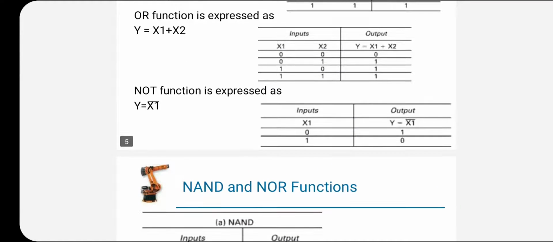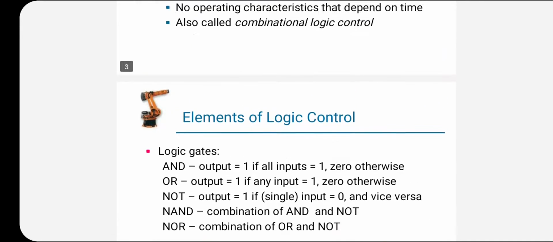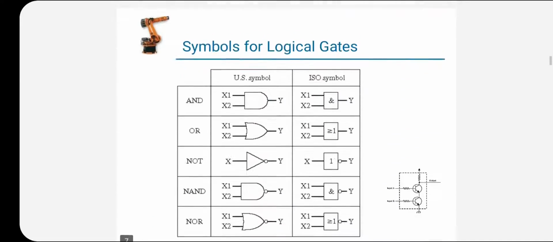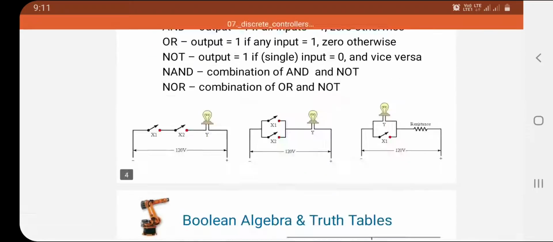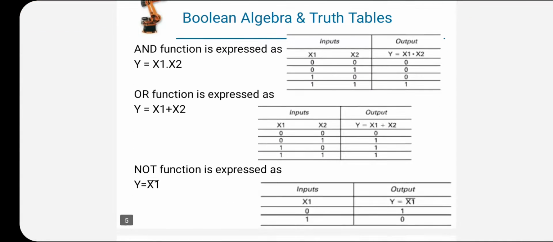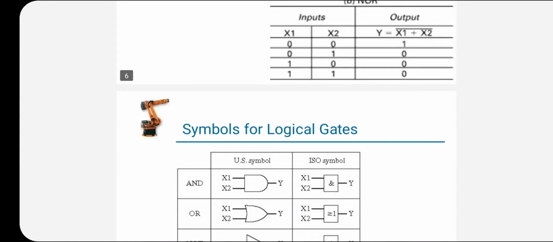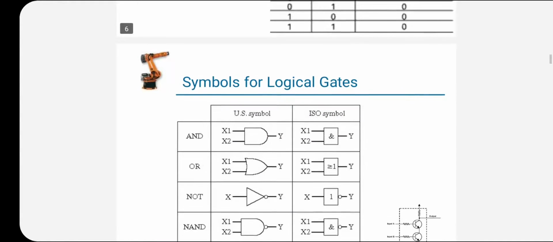So today we discussed the 5 functions: AND, OR, NOT, NAND, and NOR. Logic gate functions, considering ladder diagram as well as Boolean algebraic truth tables. If you have any doubt, we will discuss in our interactive lectures.